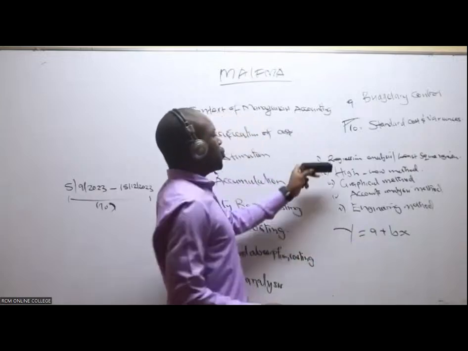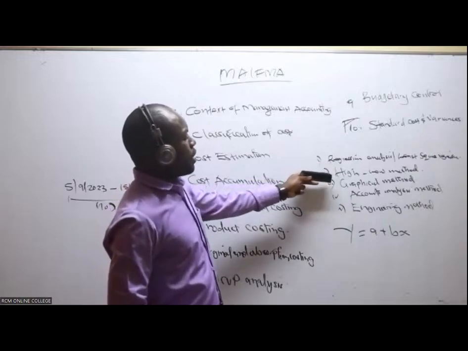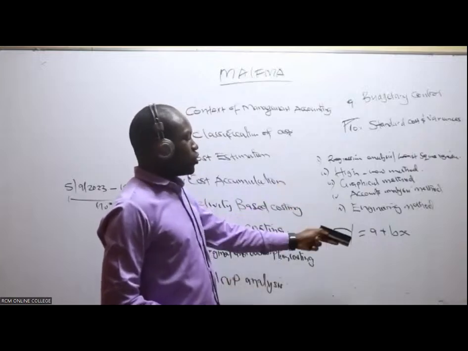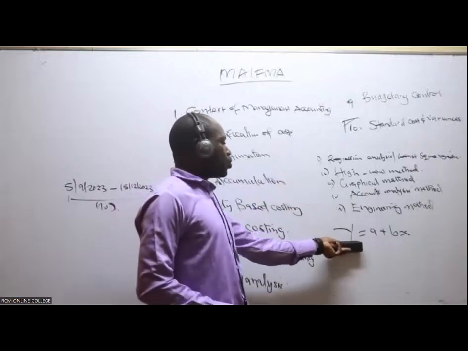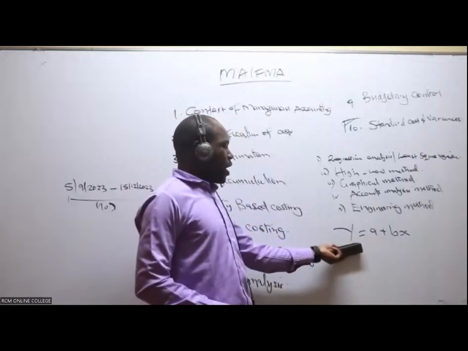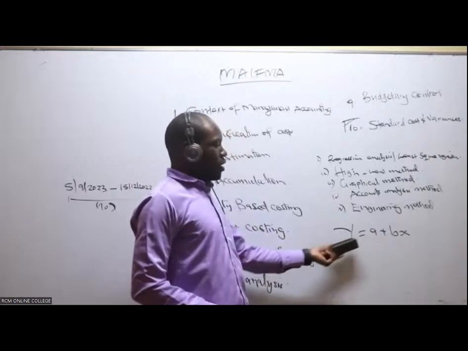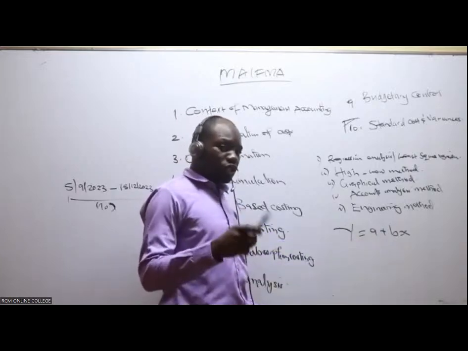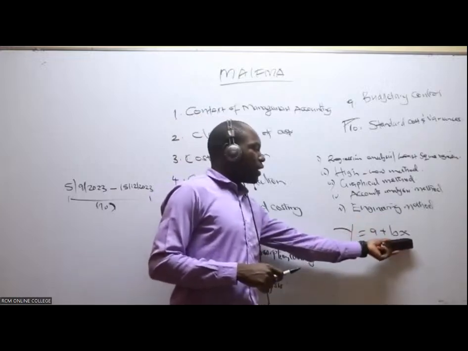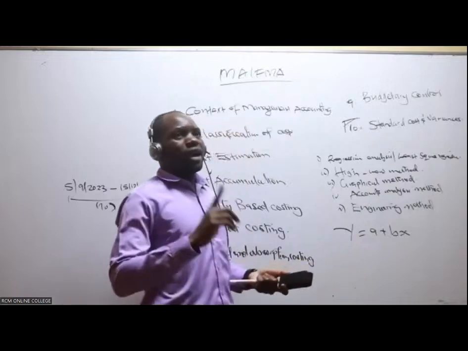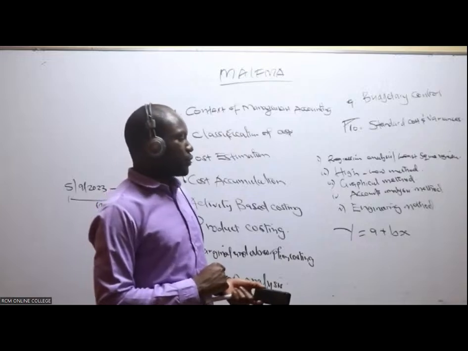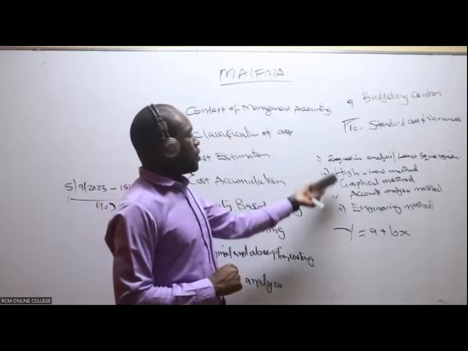So when you're going to do your Roman 1, Roman 2, 3, and 4, your final output must be this, y equal to a plus bx, whereby y is the total cost, a is the fixed cost that do not change, b is the variable cost per unit, then x is now the activity level. That is what you have for this one here.